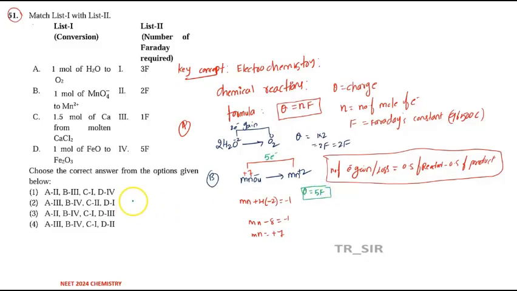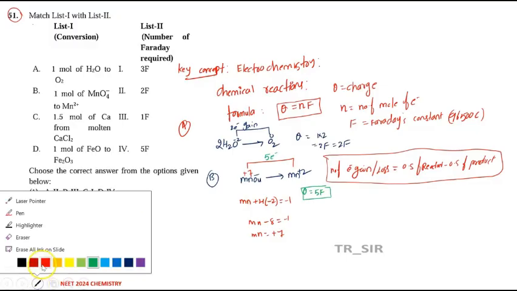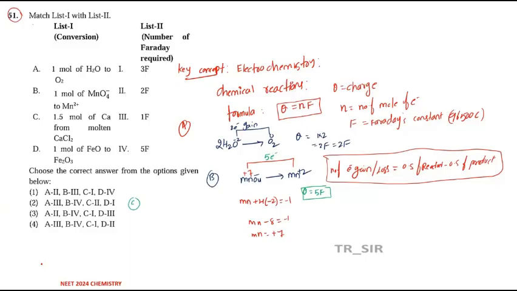If I see statement number 3, what will happen? 1.5 mole of calcium from molten calcium chloride. That means CaCl2 to Ca is coming. Here the calcium state is plus 2, here the calcium state is 0. The oxidation state of any element in a free elemental state will always be 0.